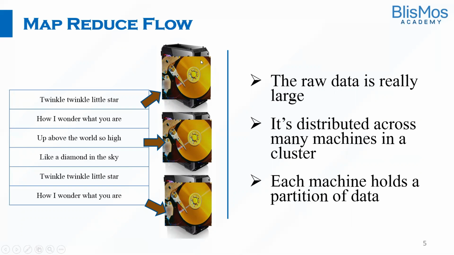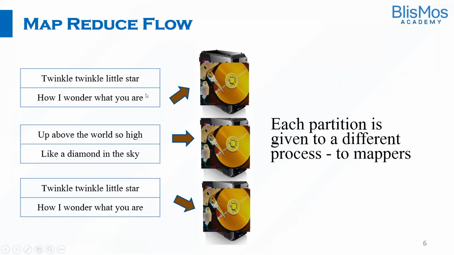When the data is in different machines in a cluster, these partitions are subjected to analysis through processors, that is, processing is done by mappers in these three systems in this case, or whichever systems the data is distributed on.